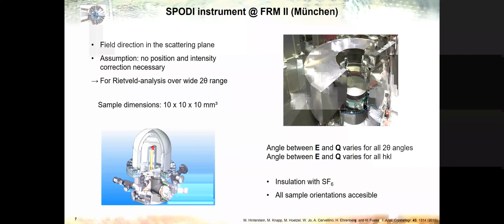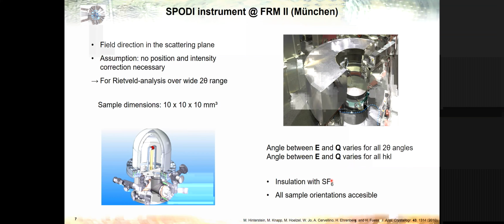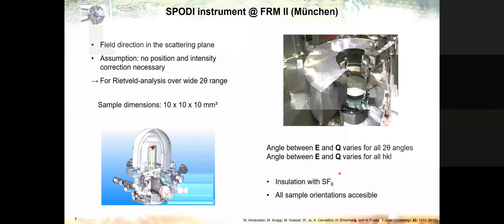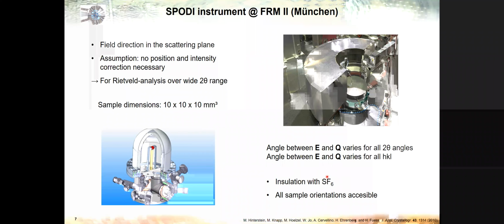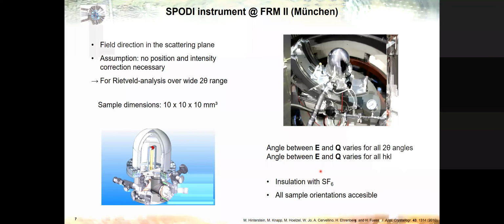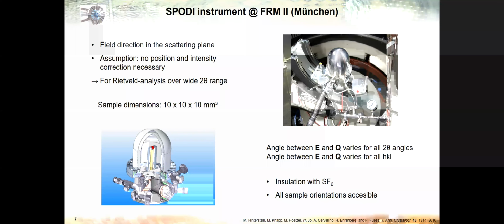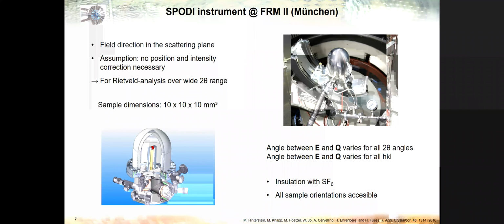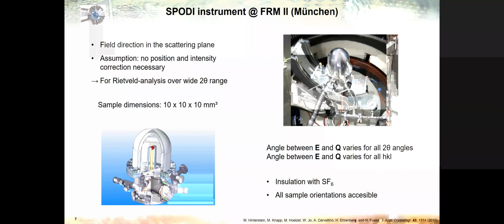We use metal contacts to apply the electric field, and for insulation we use SF6. In other experiments, you can use Fluorinert, which is a hydrogen-free, electrically insulating liquid. Here is the sample environment in action. We have a sample stage where you can orient the sample in different orientations with respect to the beam.